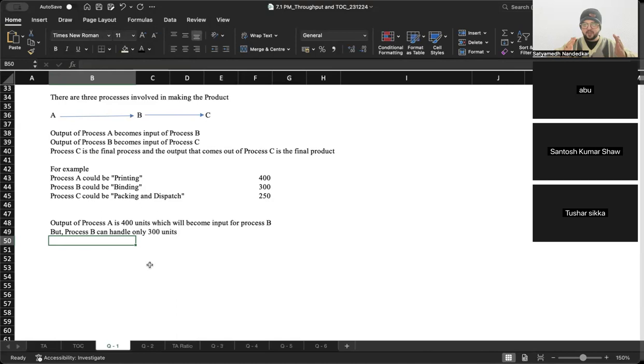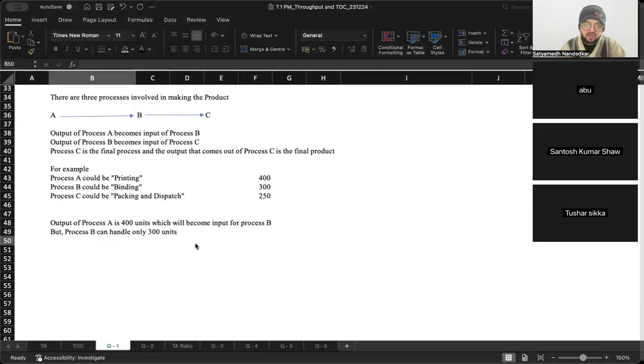So B has become something which is slowing down my entire operation. Even if process A gives you 400, because of B, you can only move ahead with 300 units.